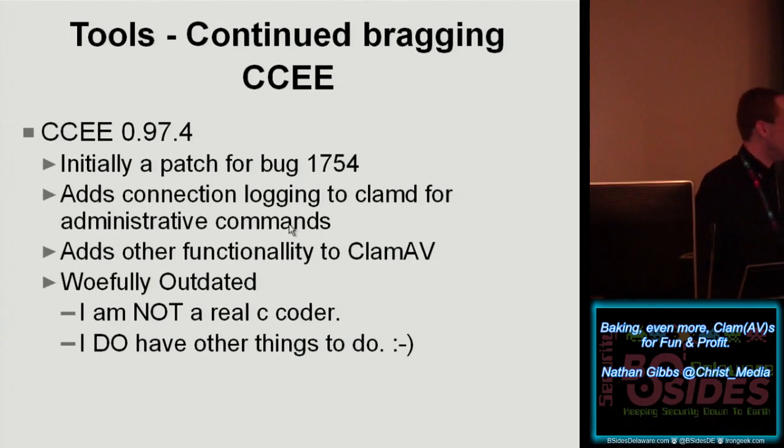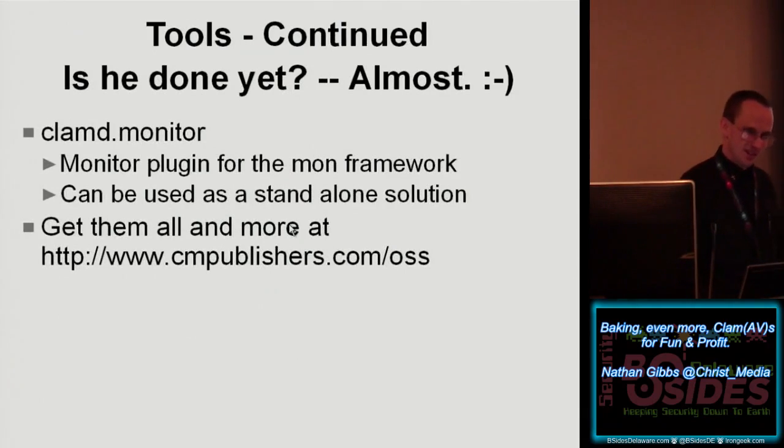It's woefully outdated, as you can tell by the version number. That's built against the 0.97.4 code base. I'm not a real C coder, so my code's probably not all that great, and I've got other stuff to do, like presenting here, so I'm not writing new versions of this. It's something I'd like to do at some point.